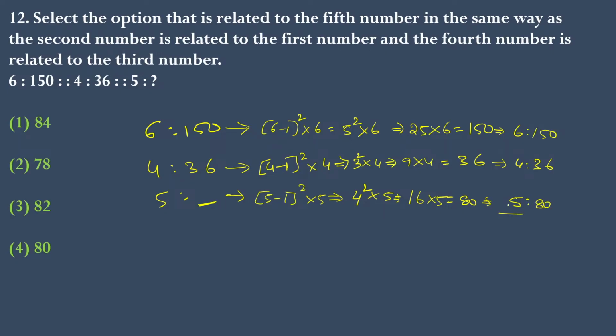Option 4 is correct. Once again, see here: this number minus 1, squared, and multiplied with that number. So 6 minus 1 squared into 6, 4 minus 1 squared into 4, 5 minus 1 squared into 5. Okay, next.